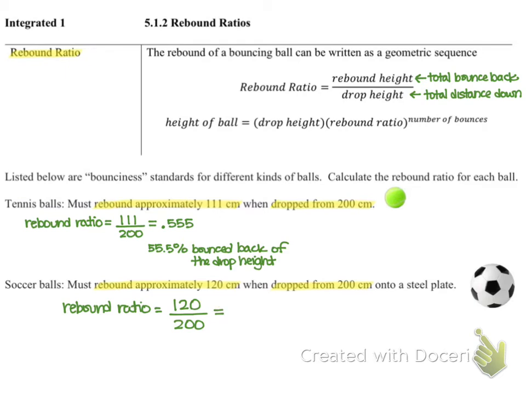Let's see what this is. 120 divided by 200 gives us 0.6. I'm going to put a 0 after that so we can write it as a percent. So 60% bounced back of the drop height.